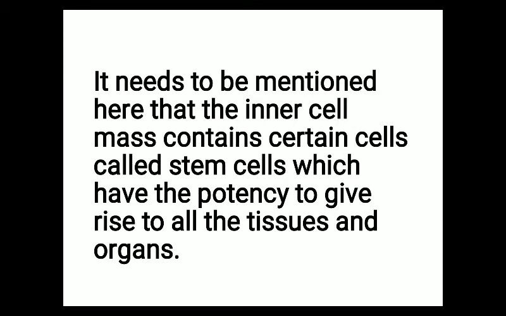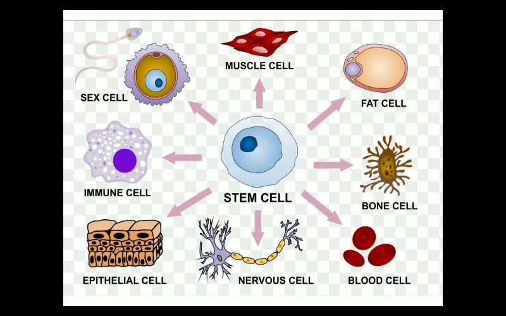It needs to be mentioned here that the inner cell mass contains certain cells called stem cells, and these stem cells have the potency to give rise to all the different tissues and organs in human beings. So this is a stem cell and it has the potency to differentiate into all the different types of cells and tissues.